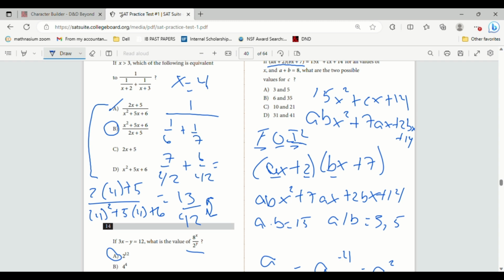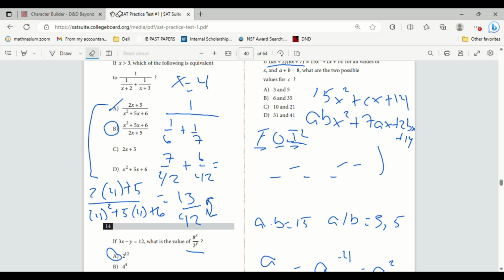And so with all of that, I'm going to free up some room. With knowing that a and b can equal 3 and 5, let's try to find values of c. Because we also know that cx equals 7a plus 2b, because these are the two terms with x's.